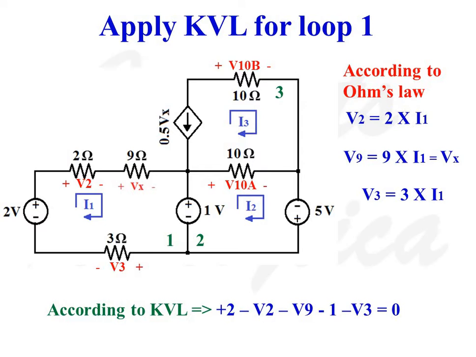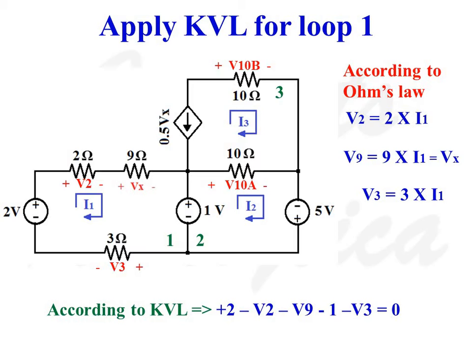And finally, when we consider voltage drop across 3 ohms resistance V3, as we move from positive potential to negative potential, V3 also should be taken as negative. So we will get plus 2 minus V2 minus V9 minus 1 minus V3 equals 0.